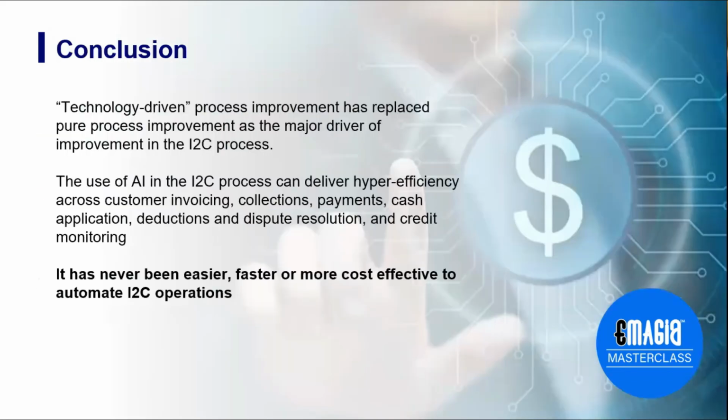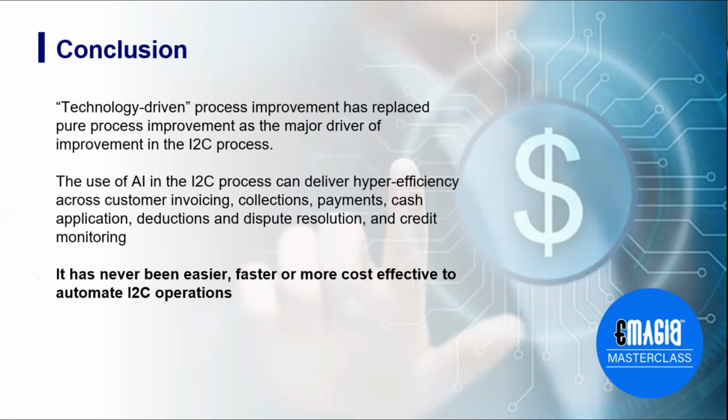So what's our conclusion here? Technology-driven process improvement has now taken the place of the pure process improvement of the past. It used to be just Lean, Six Sigma, re-engineering, all those process improvements focused really on process.